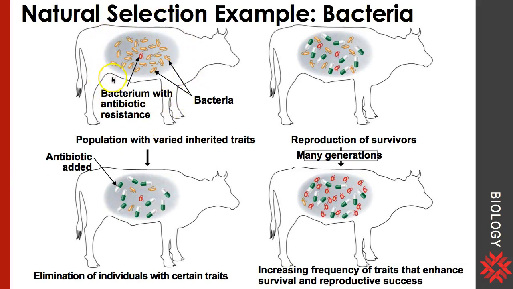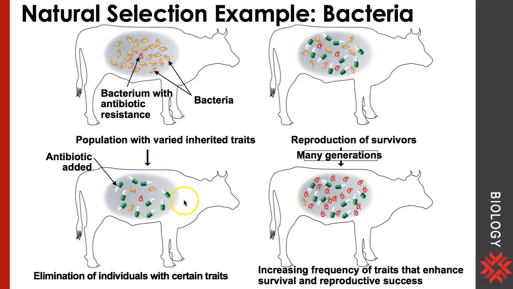So here we can see this population of bacteria living inside the cattle, and this red one is identified as one that has resistance to the antibiotic. So it had a mutation in its gene, and it allows it to survive when antibiotics are in the location.